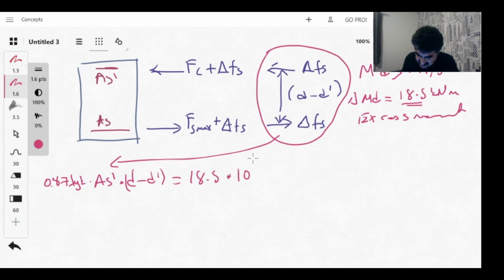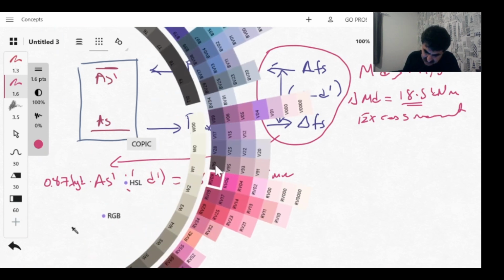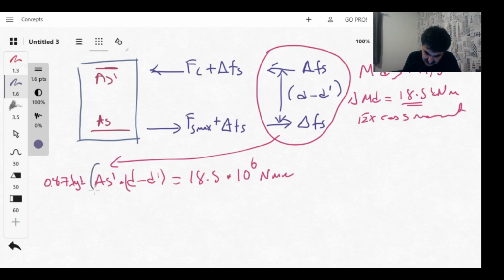If I make it Newton millimeter, I will put 10 to the power 6. So this will be, I don't know this value As prime.